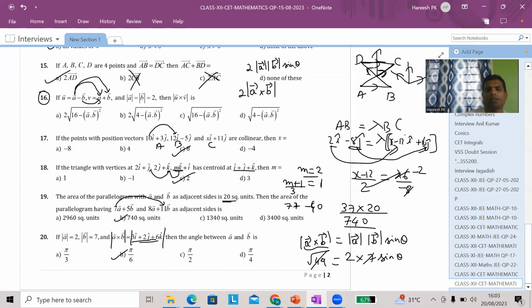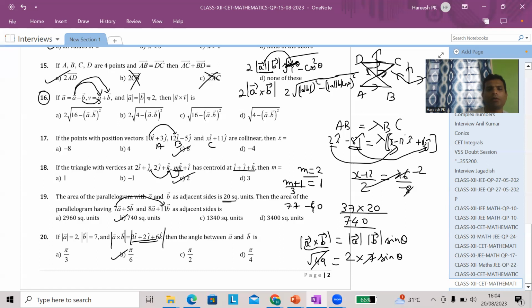Now I can always write sine theta as root of 1 minus cos square theta, isn't it? So now when I take this mod A mod B inside, I'll end up getting 2 times root of mod A mod B whole square minus mod A mod B cos theta whole square.